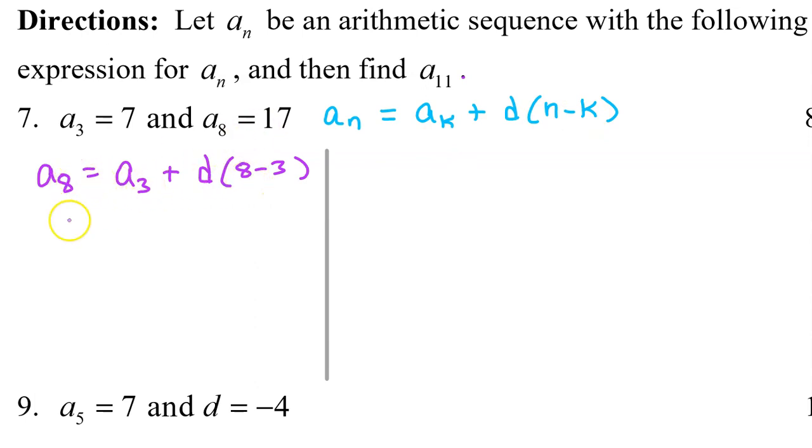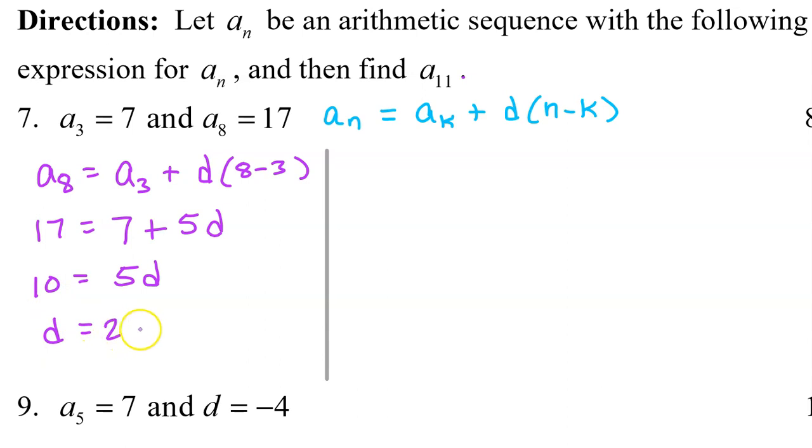So a_8 is 17, so we have 17 equals a_3 is 7 plus 8 minus 3 is 5, d. I'm going to go ahead and put that in the front. Subtracting 7 from both sides, we get 10 is equal to 5d. And dividing both sides by 5, we get d is equal to 2.